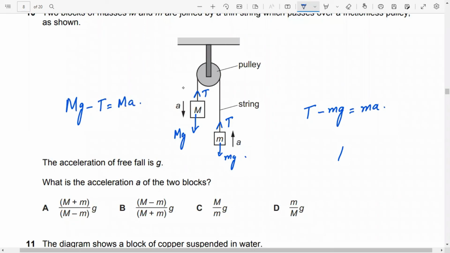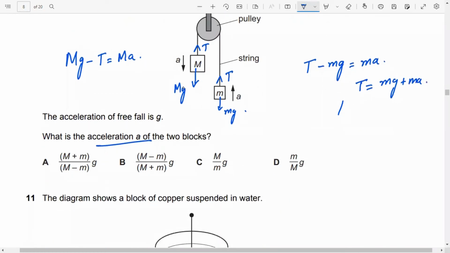Now if you notice, you have to find the acceleration, and tension doesn't appear anywhere in the answers. That means you will eliminate the tension. I'm going to make t the subject. T is mg plus ma. I'll put it in this equation. This is mg minus mg plus ma is equal to capital Ma.